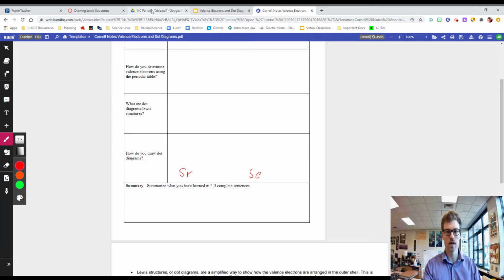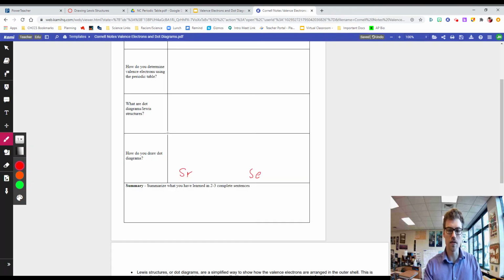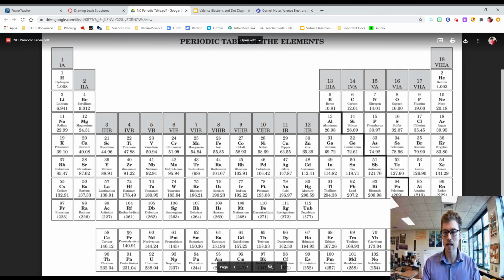So let's go to our periodic table. Here is strontium, number 38. It is in group 2A, which means that it's going to have 2 valence electrons. So we're going to draw our first valence electron here, and then we'll draw our second valence electron here. And that's all there is to it. That's strontium drawn correctly. Selenium, let's go to the periodic table again. Over here on the right-hand side of the periodic table, number 34.